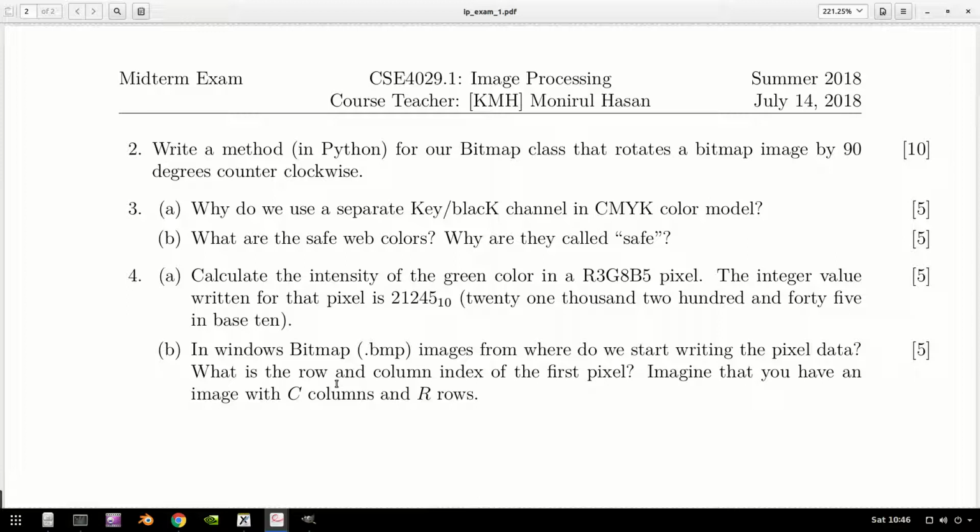So we have 3 bits for red, 8 bits for green, and 5 bits for blue. You're given a color in decimal number system, 21245, and all you need to do is find out the green component from there. So can we do this?